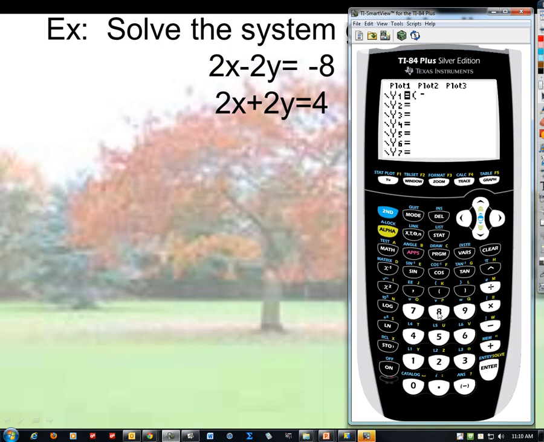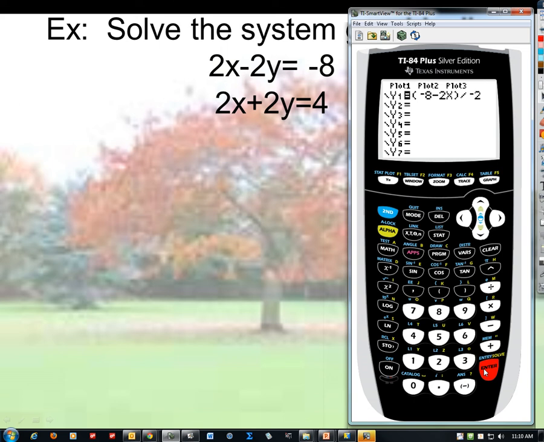So I'll put the -8 there. What am I going to push over there with the -8? I'm going to subtract 2x to that side. Then what do I do? I'm going to divide, but before I divide, I have to close the parentheses, because I have to divide that whole quantity by -2. So first I add terms to the other side, then I close the parentheses and divide by -2, and that's it. I don't have to simplify that. That's good enough for the calculator.